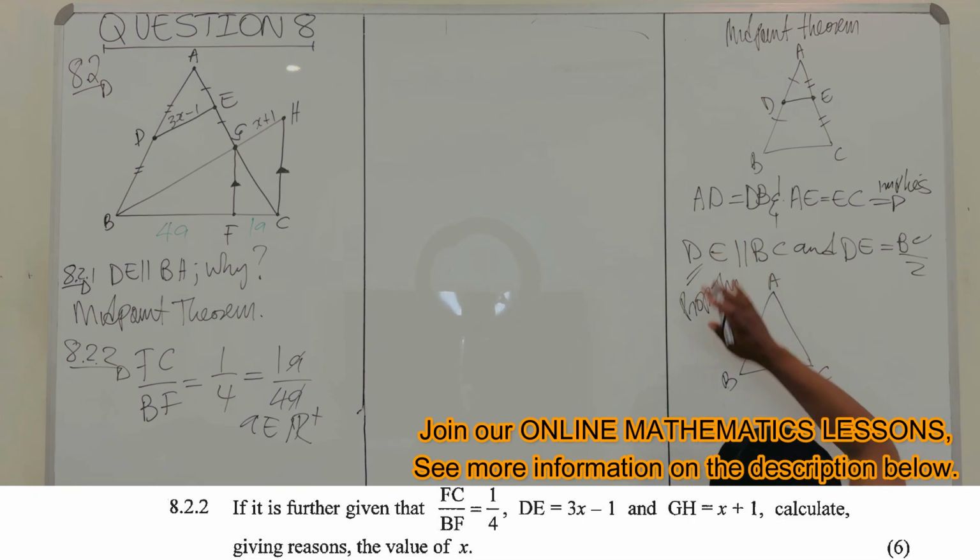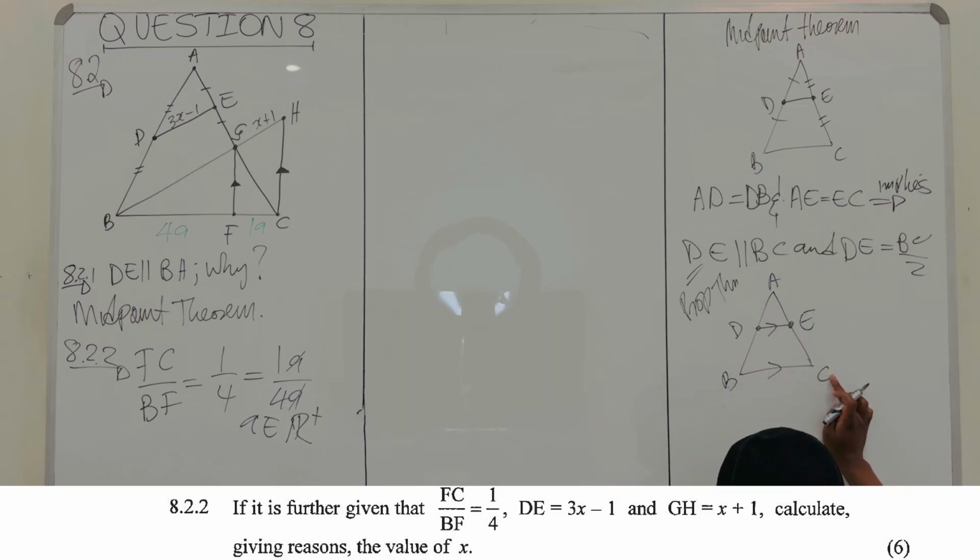It's not midpoint. We're done with midpoint. So let's say there's D and there's E. So they're saying, a proportionality theorem, if you have triangle A, B, C, and you have a line segment joining two sides of your triangle, and that line segment joining two sides, which is DE, is parallel to the third side, which means this line will divide your sides of your triangle proportionally, which is at the same ratios.